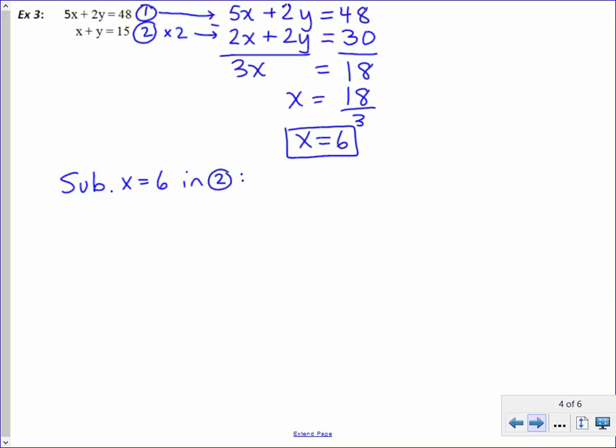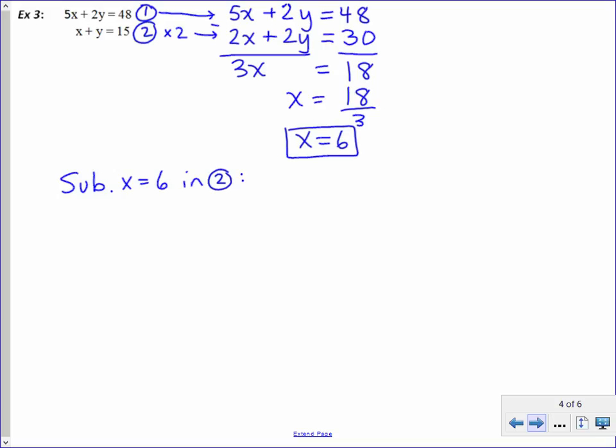I picked the original equation 2 in like 95% of the cases, just in case you made a mistake when you multiplied by 2, because this is where you'll catch it. You'll get a number, and if your check doesn't work out, you know you made your error when you multiplied by 2. Does that make sense? So I would always go back to the original. Tomorrow we'll talk about the one exception to the rule that I will let you do.